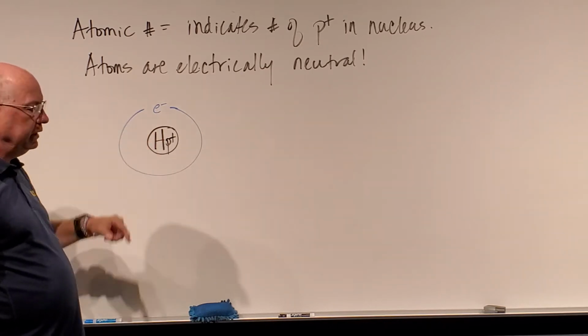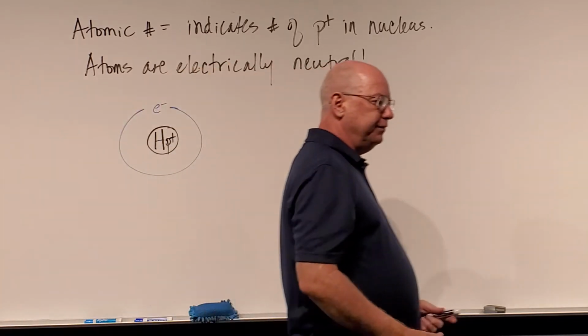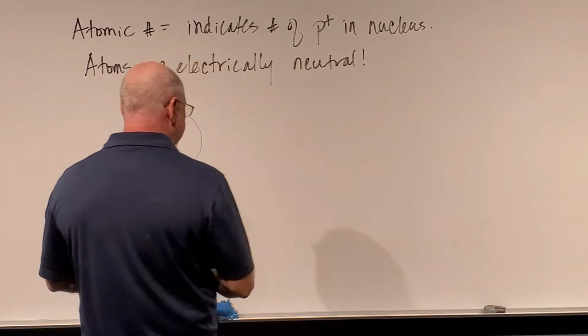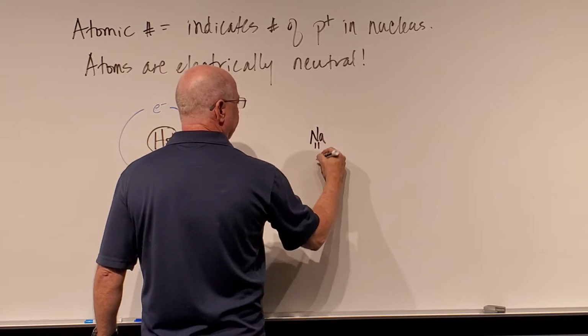1 proton, 1 electron. Now, if I were going to do an atom of sodium, anyway, so if I were to look at an atom of sodium, sodium has the atomic number 11.